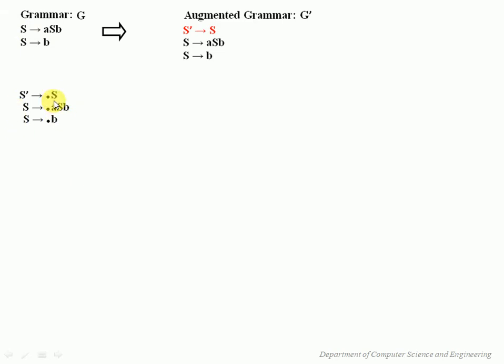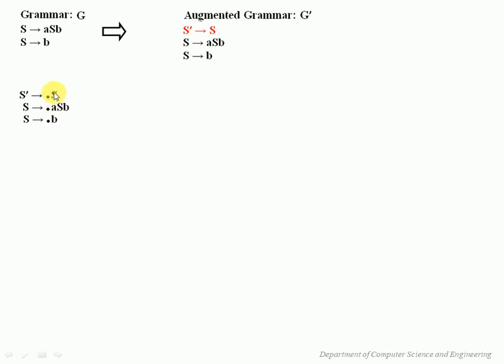Now to complete the closure, let us consider this item. Here after dot there is one terminal symbol coming, that is a. So there are two cases for every item to find a closure: having a non-terminal immediately after the dot, and having a terminal immediately after the dot.